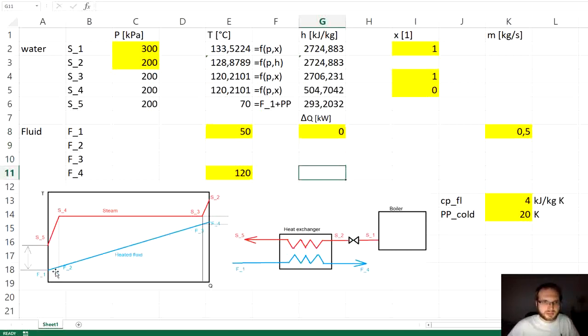And now throughout the whole heat exchanger the transferred heat is, you have definitely seen the calorimetric equation, Q equals mass flow rate multiplied by specific heat capacity times delta T. Let's use this delta so that it's clear that it's a difference.